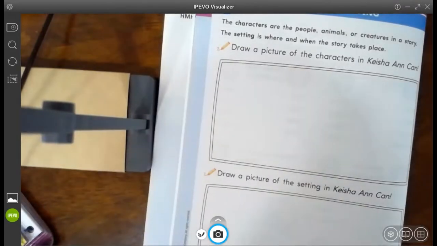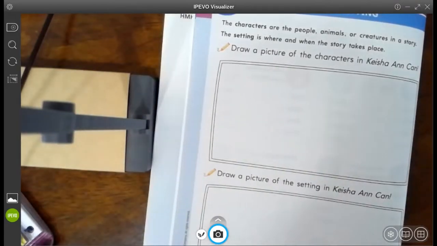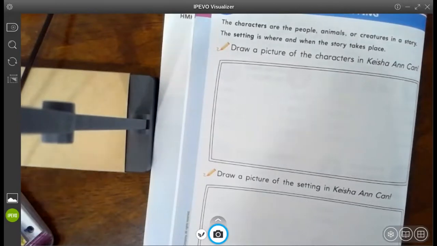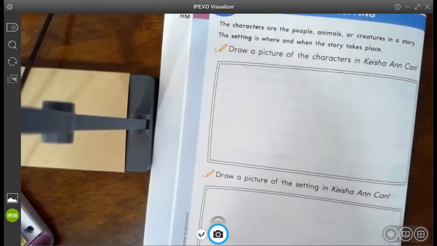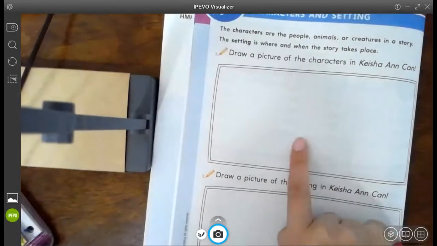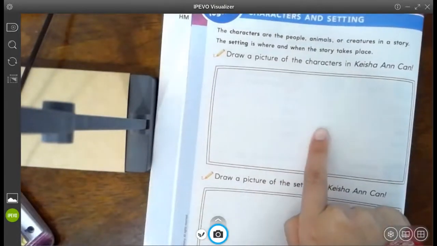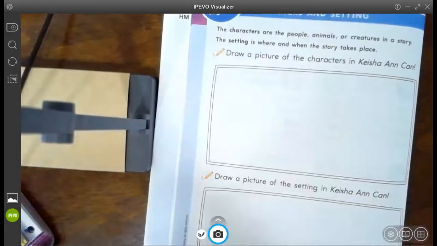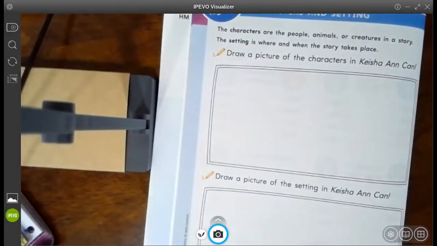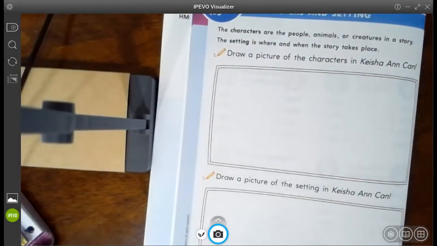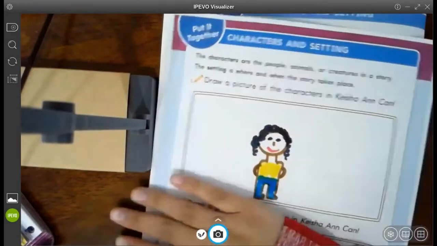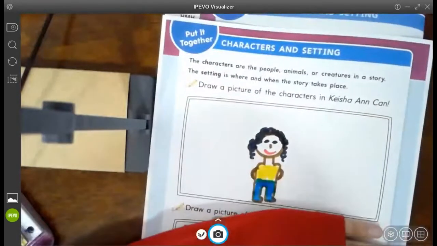I heard lots of boys and girls say that a character from the story is Keisha, the little girl. So now with your writing and coloring utensils, draw a picture of Keisha in this box. Here is my example.